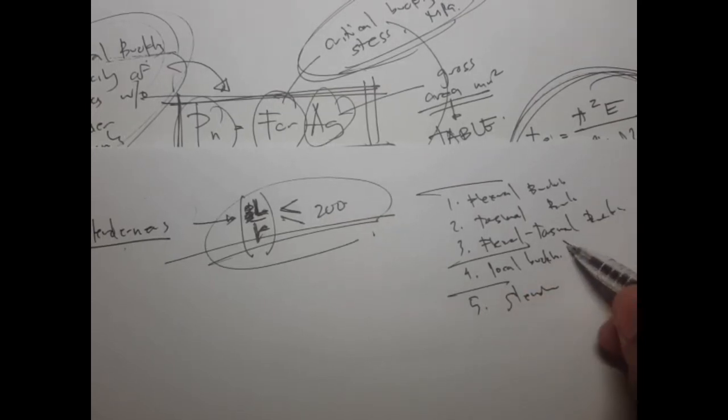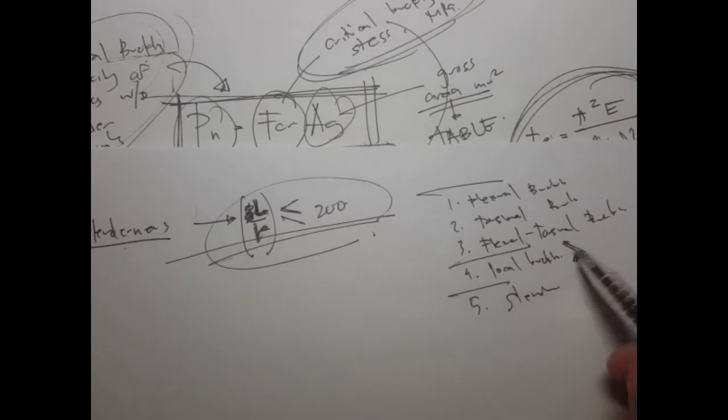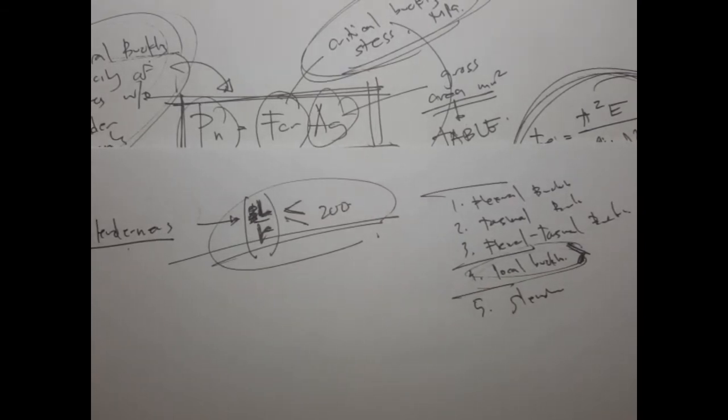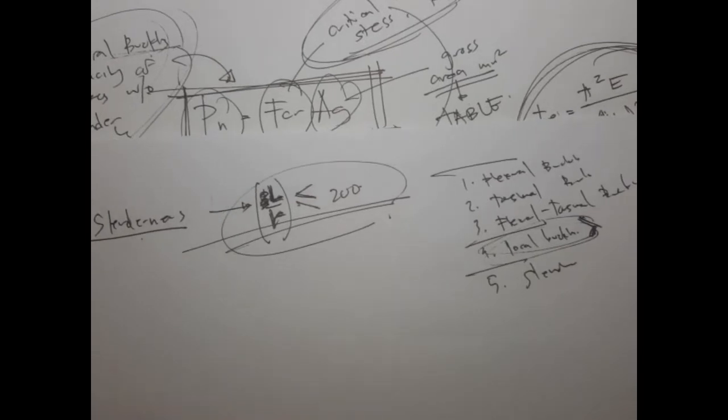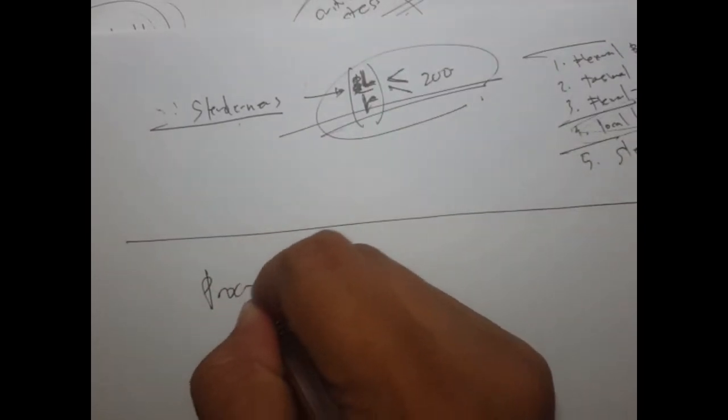So this is something like a check to determine the equations that we are going to use, whether the section has slender elements or not. Now let's talk about the procedure for analysis.